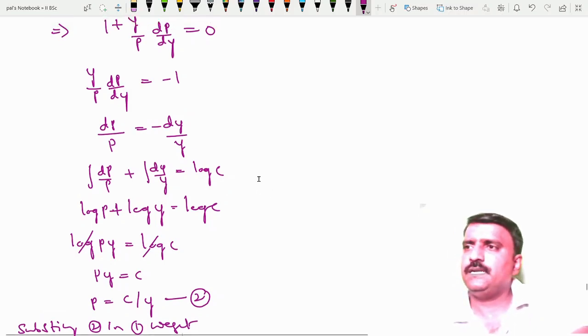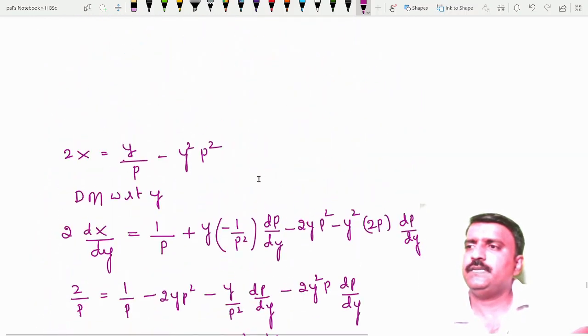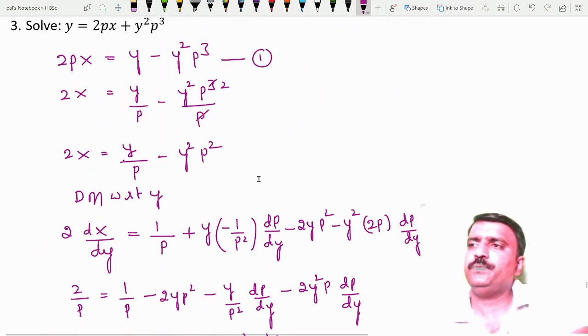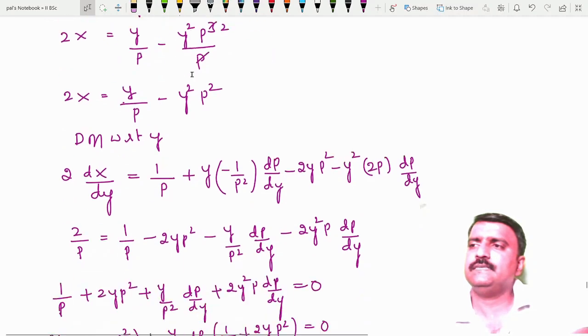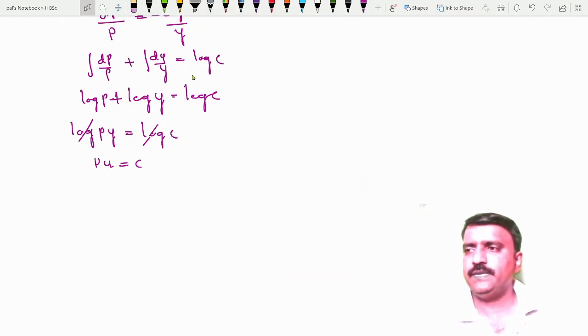So it gives that, what is in equation 1? It is y is equal to 2px plus y minus y square p cube. So 2px is equal to y minus y square p cube.